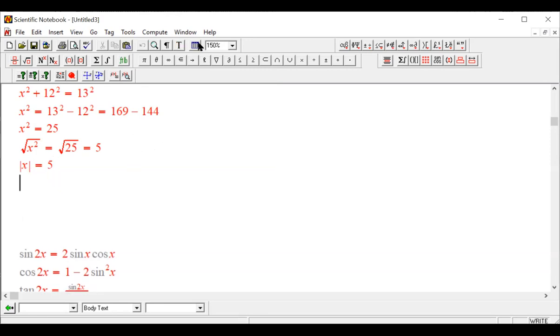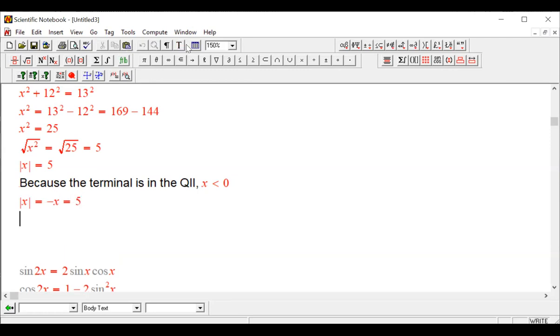But because x is in the second quadrant, because the terminal is in quadrant 2, therefore x is negative. If x is negative, the absolute value of a negative number is its opposite. So as a result, x equals -5.